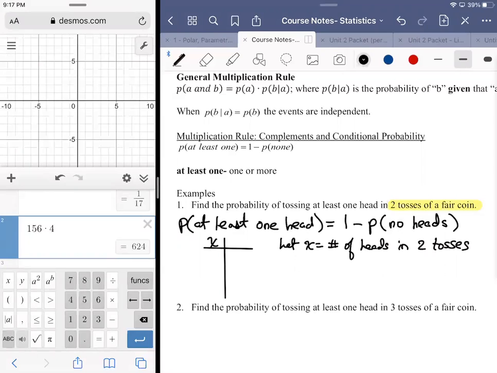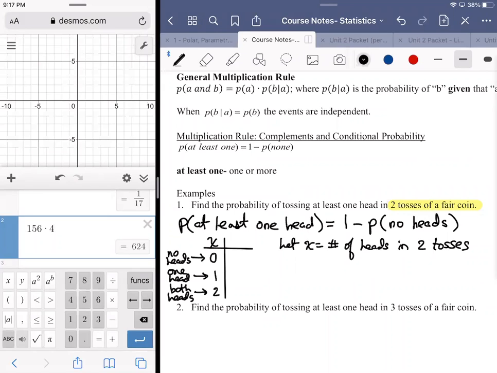It's possible that you didn't get any heads, so no heads. It's possible that you only got one of them to be heads. And it's possible that maybe they were both heads. All right, so these are the possibilities that we're up against when it comes to flipping a coin.